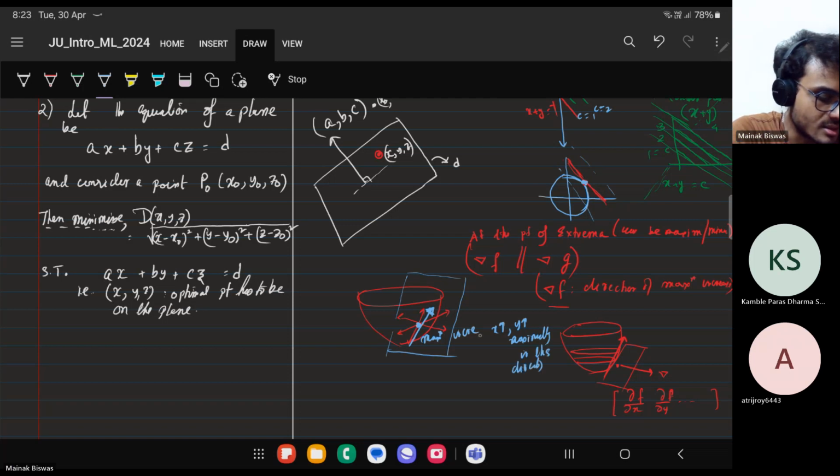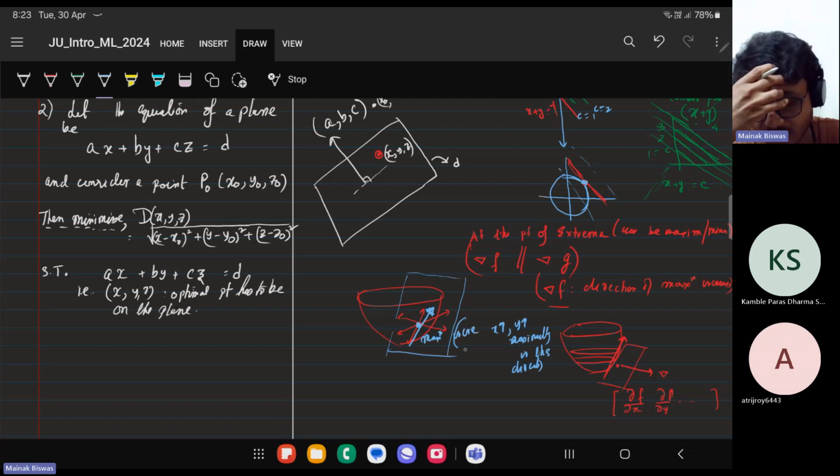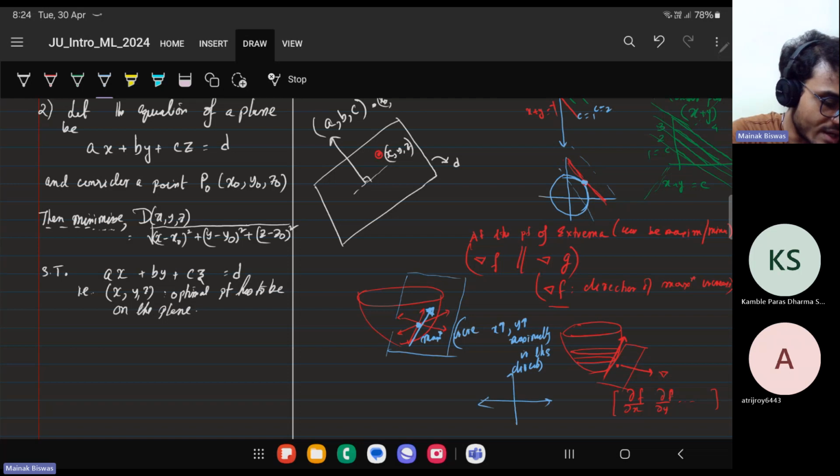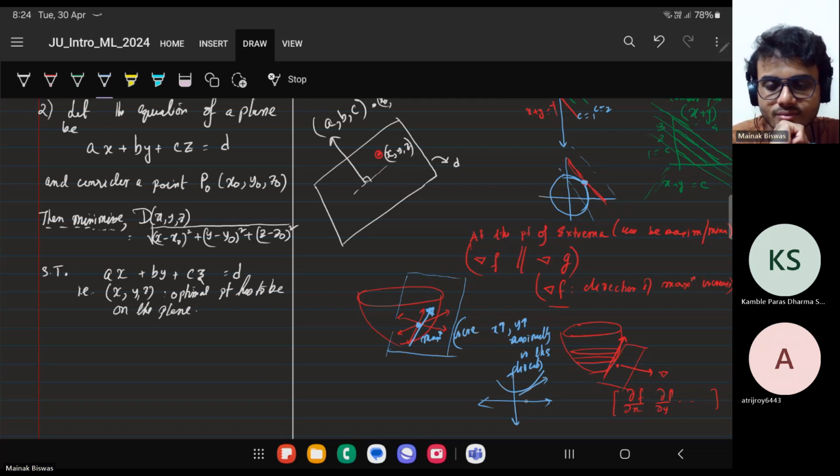Normally, a single derivative gives you the direction in which the value is increasing, right? If you have a single equation in one variable, then if the derivative is positive, it means if x increases, the value increases, right? Yes or no? Yes.